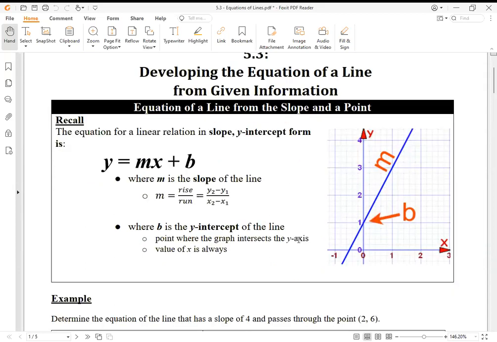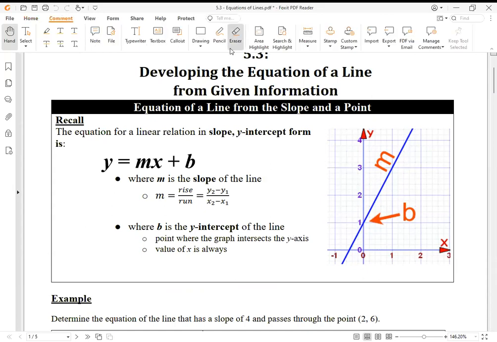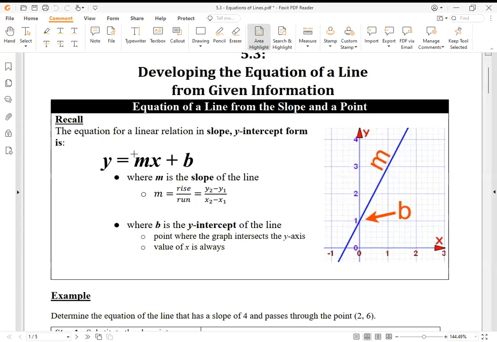Okay. So as always, when we are studying for the tests and the quizzes, and every question we do regarding lines, all you need is to find out your value for M and your value for B, because you know that we need to have X and Y left all alone.